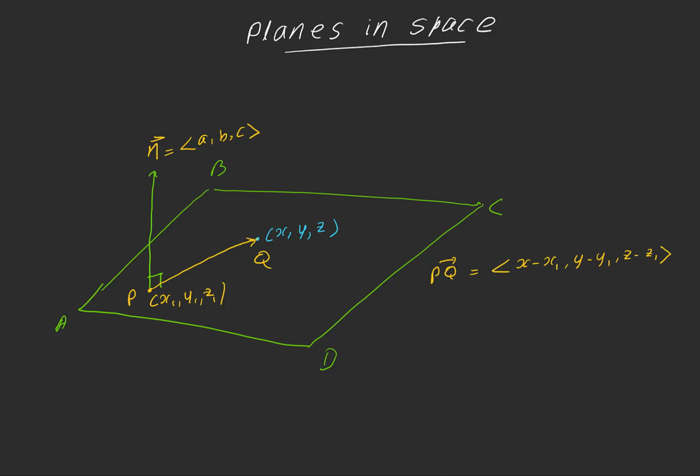Now n is the normal vector to this plane, and n must be perpendicular to PQ. You understand that, right? n is the normal vector to the plane, therefore n must be perpendicular to the PQ vector.